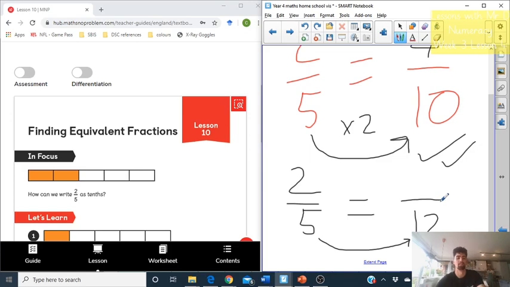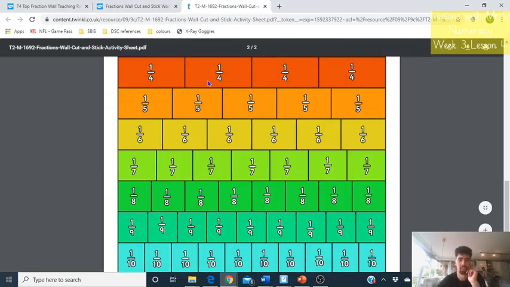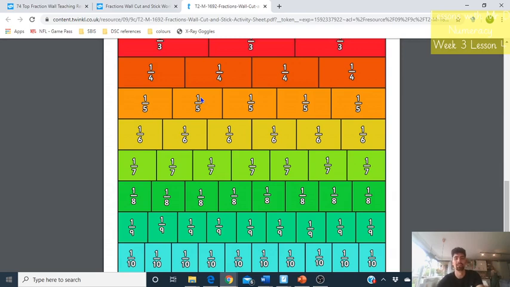It just wouldn't line up. You know how some of the fractions don't line up. So quarters, you can't ever get fifths into quarters because they just don't. The parts will never be equivalent. They'll never be the same. That's all that means.